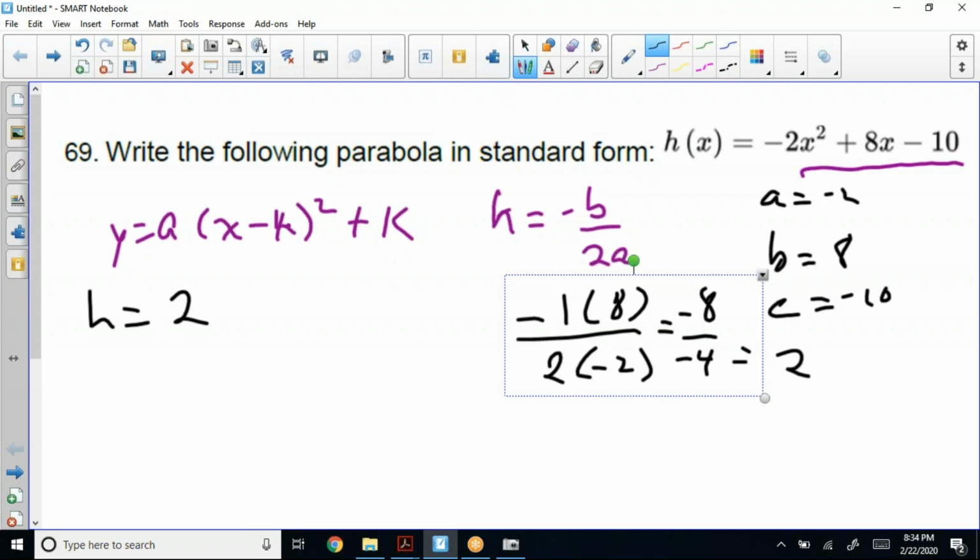That transition point. So in order to find the k, we have to take this 2 and plug it back into the main equation up here.